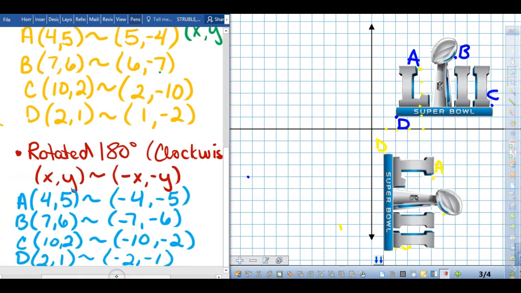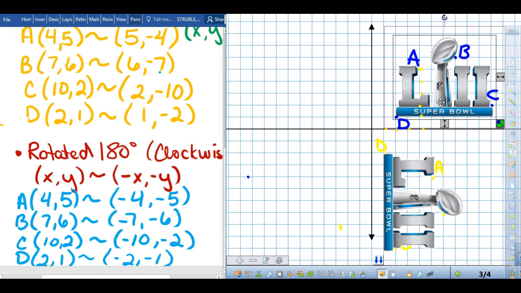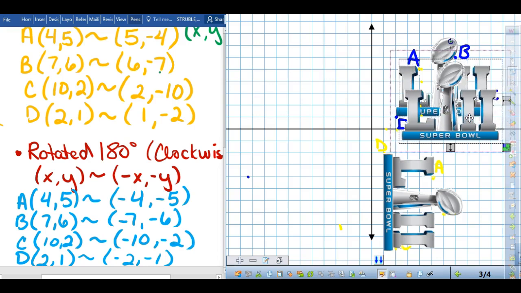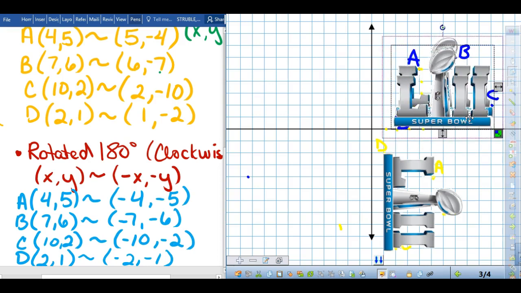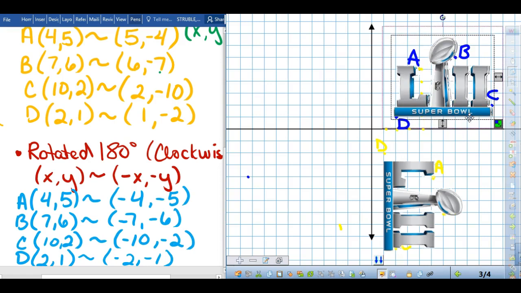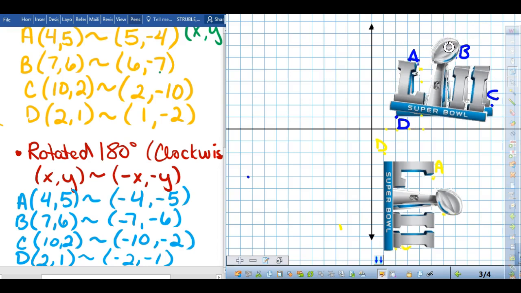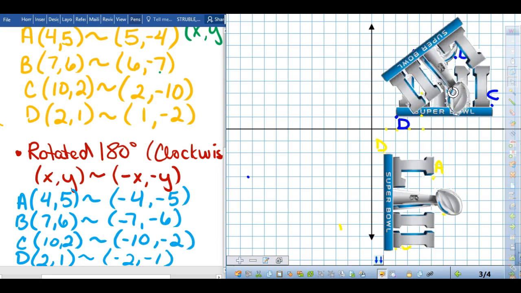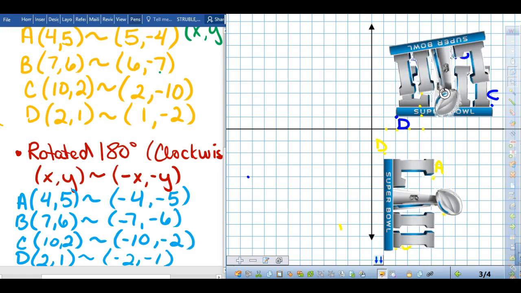All right, so what's this all going to look like? Well, come back over here to our Super Bowl guy. When we rotate it 180 degrees, well, we rotated in the fourth quadrant, it looks like this. So when it rotates again, you got it.